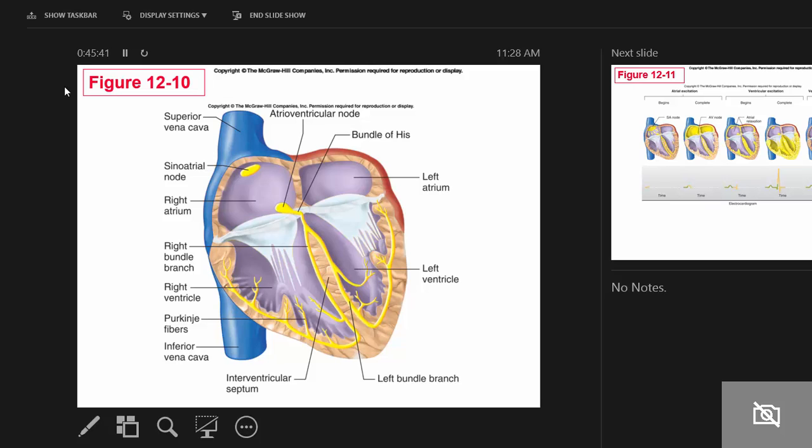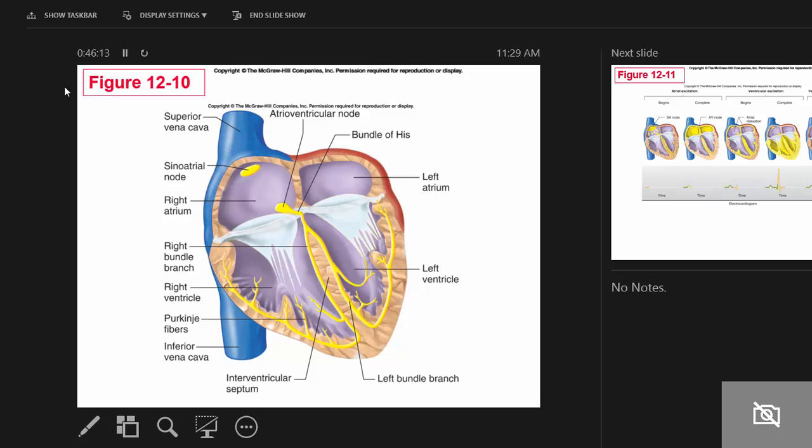In the top right-hand corner of your heart, in the right atrium, there is something called the sinoatrial node. It's called the SA node. That's the pacemaker. Remember that a pacemaker is made up of cells that generate what kinds of potentials?